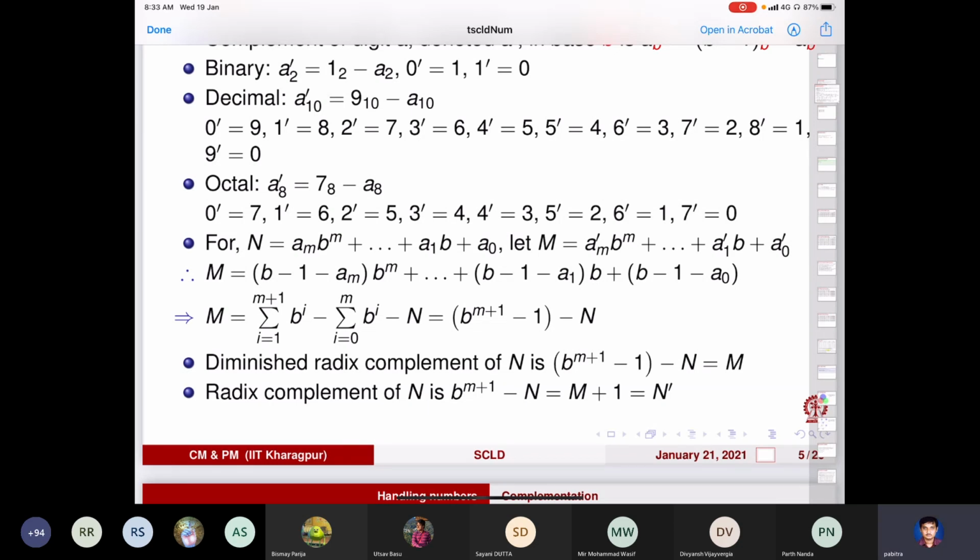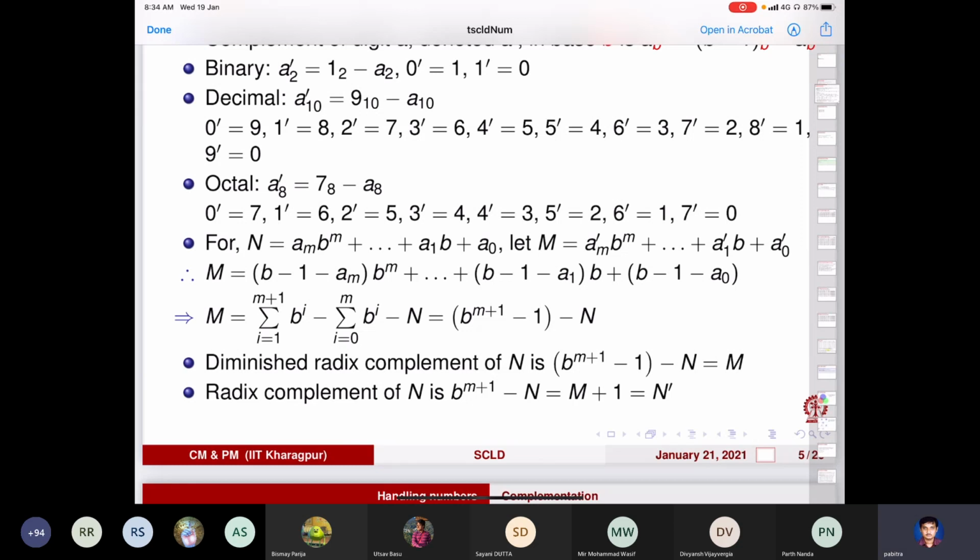So n is this number and we want to find its complement. We have already defined the complement of a single digit. If a_i is a digit, we know how to find a_i prime, its complement. Very easy: you subtract a_i from the highest digit in that base, which is B minus 1, and represent it.